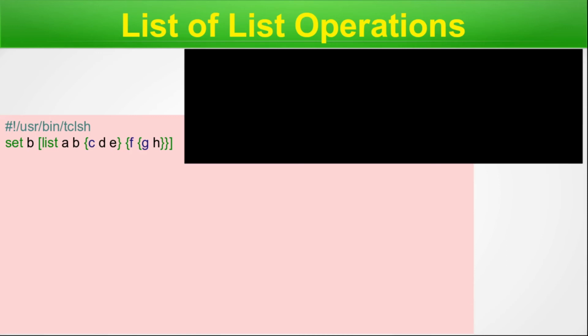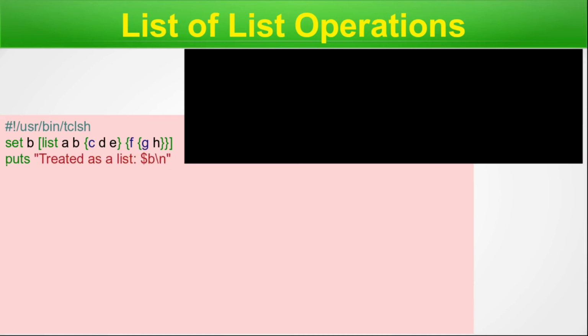The first element is F itself, and the second element is again a list whose elements are G and H. You may take some time to understand this, but this is how we can define a list of list.